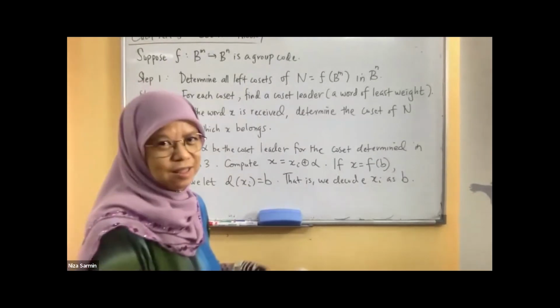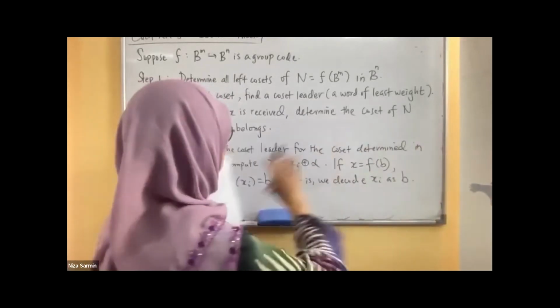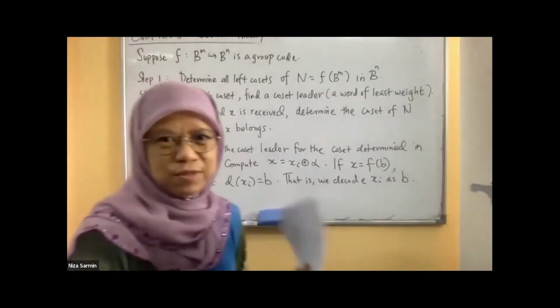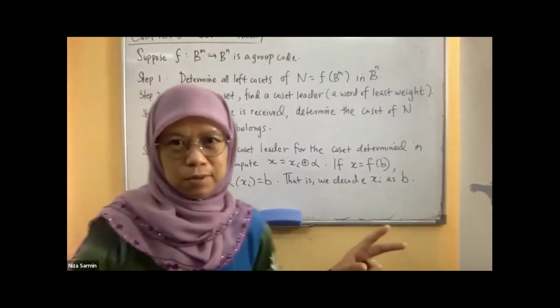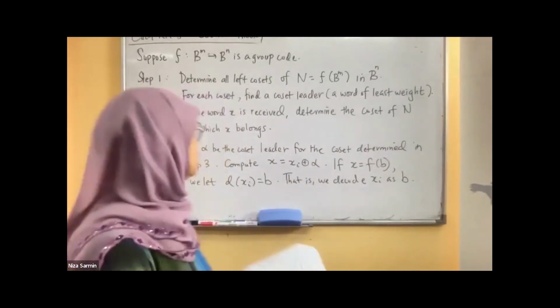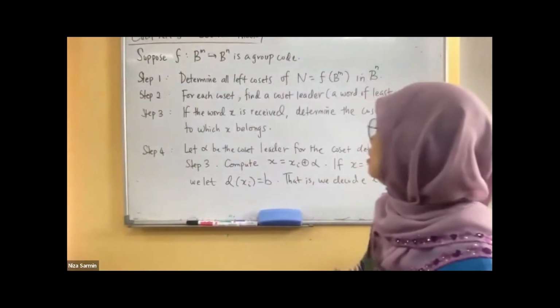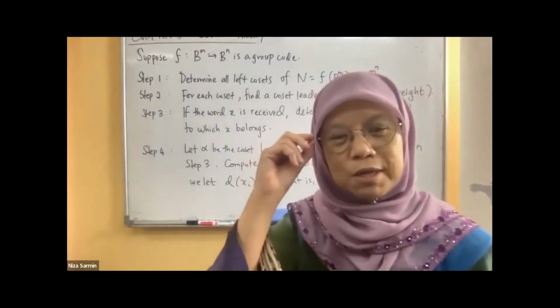Unfortunately, I don't have another big whiteboard to put an example to show this and that, but we have the notes. I will read this step again when I'm explaining the next example. So remember the steps. Step 1, we will find all the left cosets. I will show you step by step.